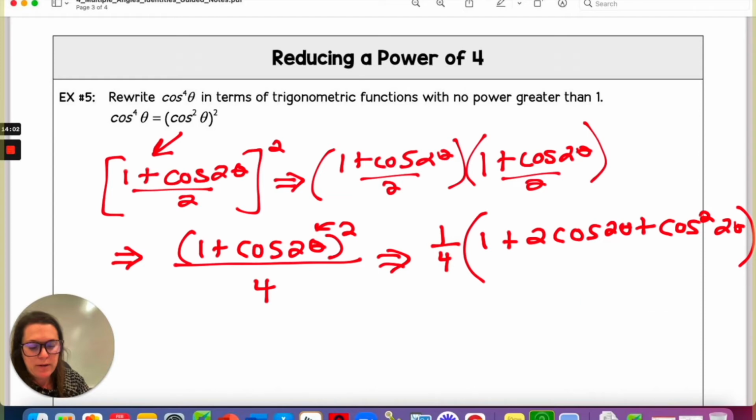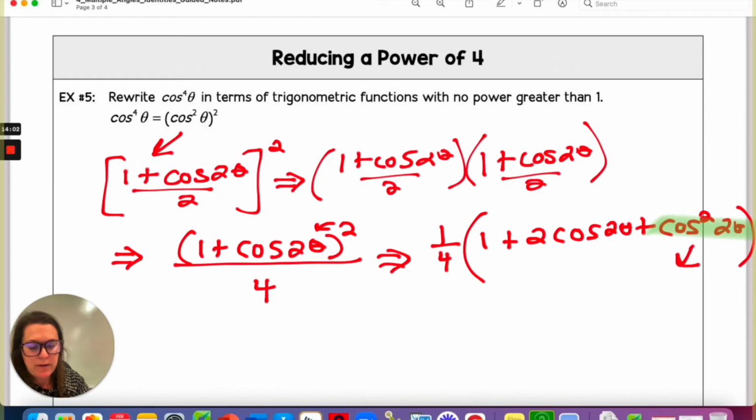Right here, cosine squared 2 theta. Well, if I think about 2 theta and cosine squared, and using my double angle theorem, is that what I want to be doing here? Yeah, because cosine squared is 1 plus cosine 2 theta, right?